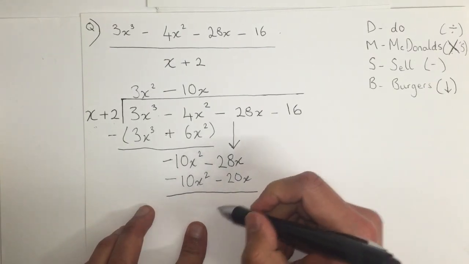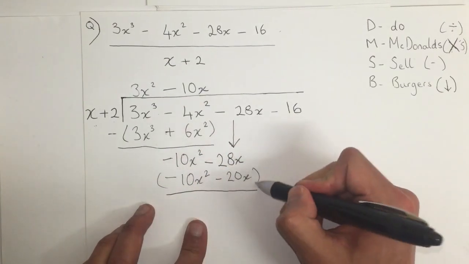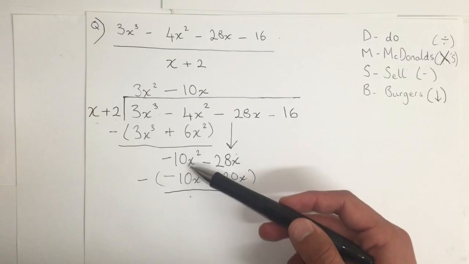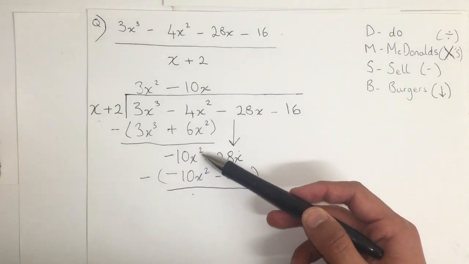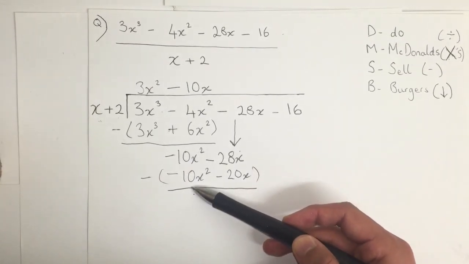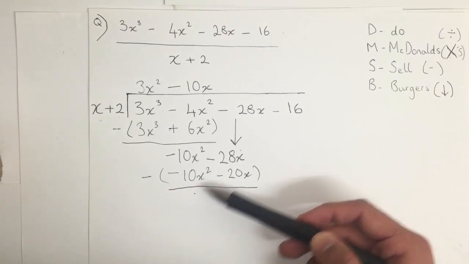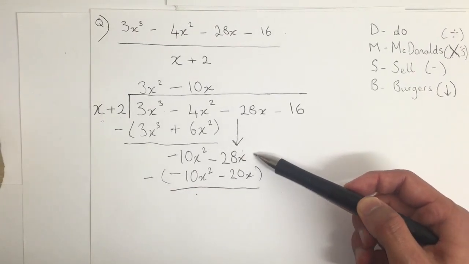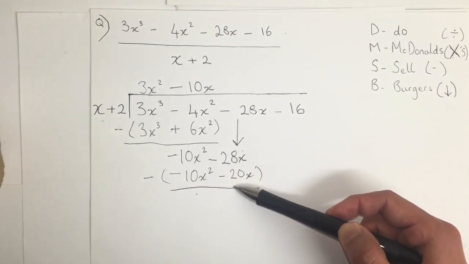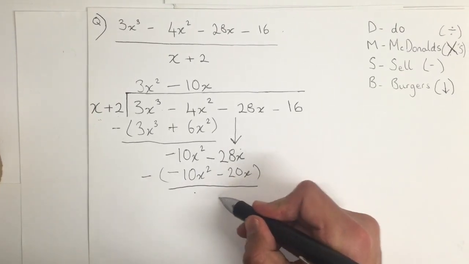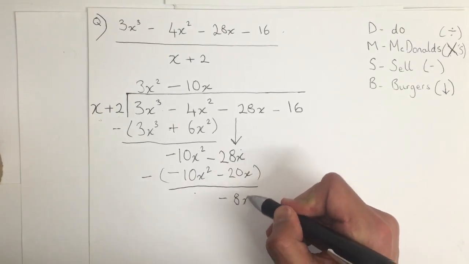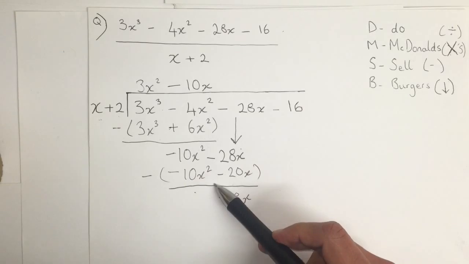And again we take away. Then as you can see guys, the minus 10x squared and the minus 10x squared will cancel. We will be left with nothing. And then you move on to the minus 28x minus minus 20x. That gives you minus 8x, because remember, two negatives make a positive.